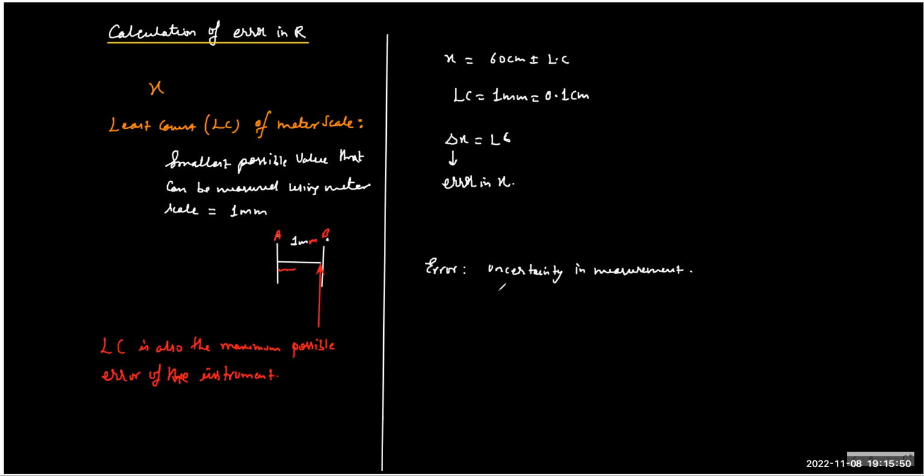The other definition is maximum possible deviation from its true value.